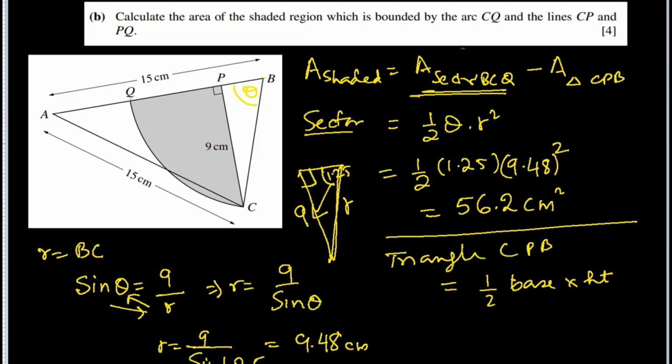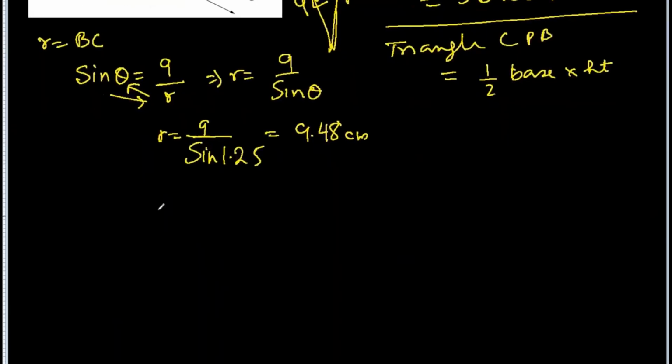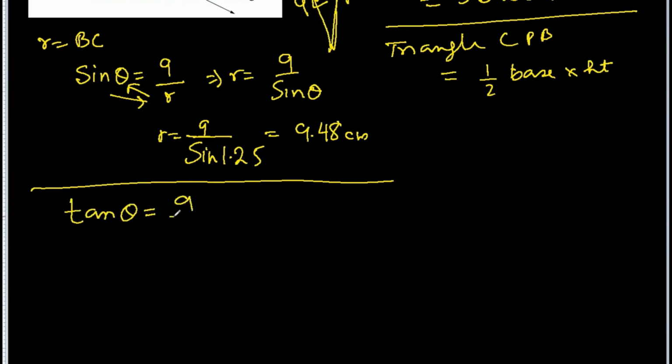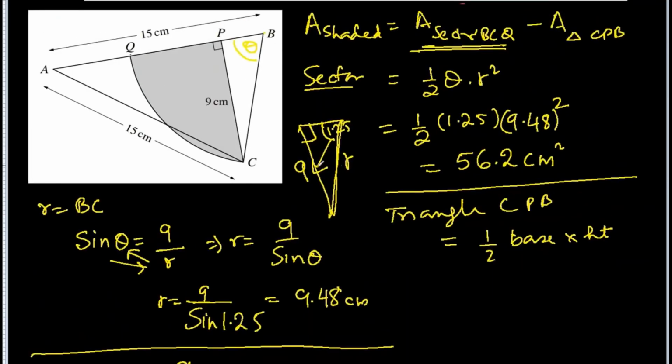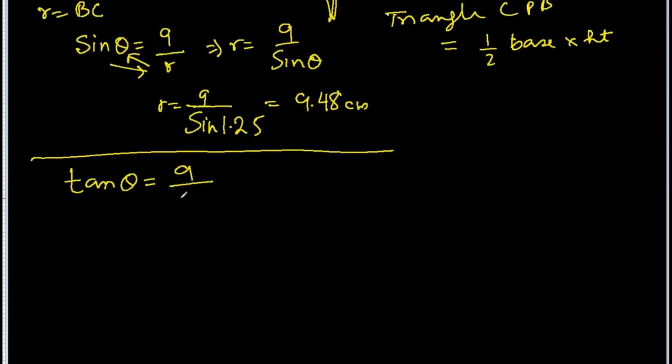Let's find PB, which is the adjacent side of the theta. So I can use tan theta this time. Tan theta equal to 9, which is opposite, divided by the adjacent. So 9 is opposite and adjacent is PB. So it will be, let's call it Y this time. So they interchange their places again.